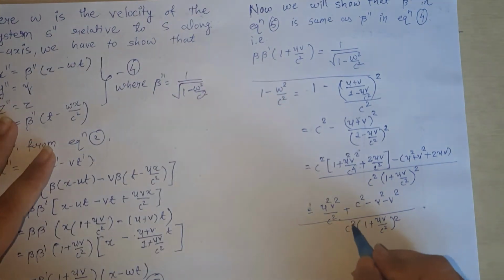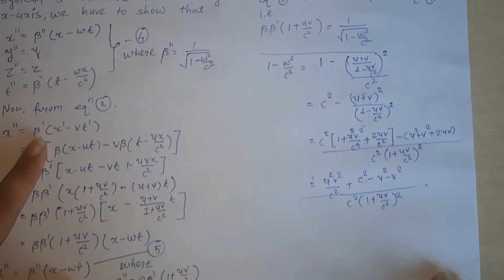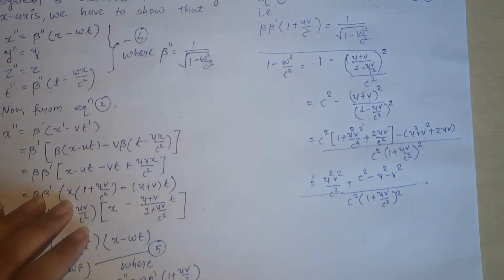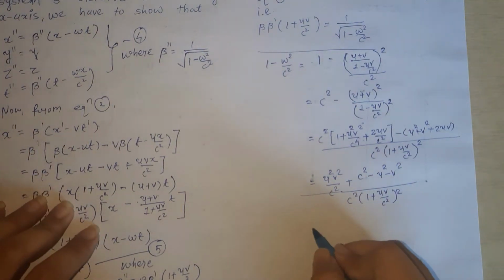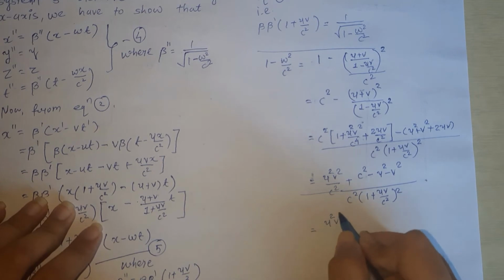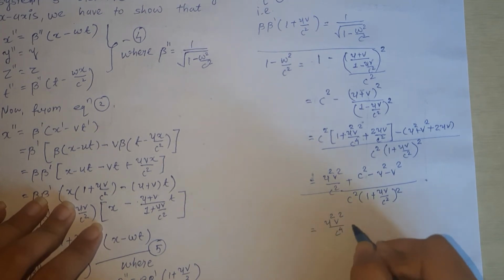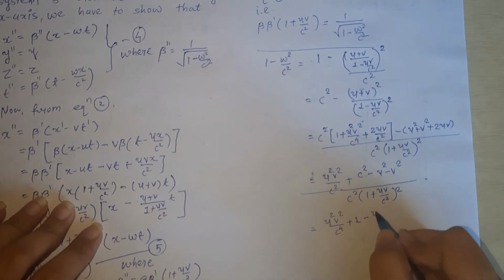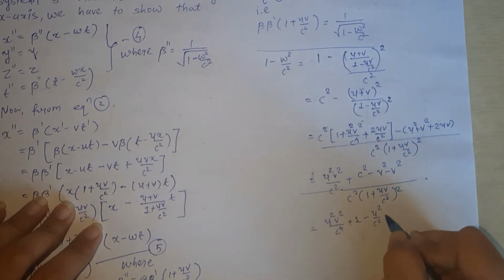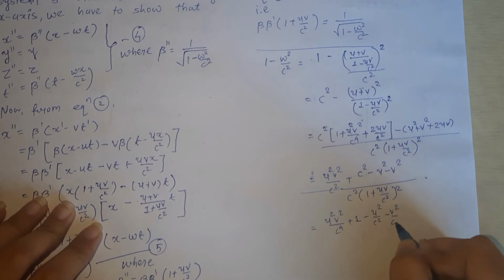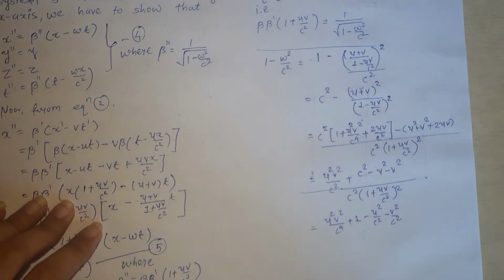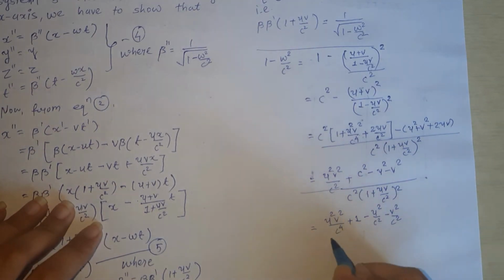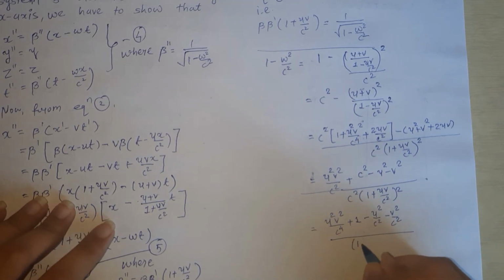And now to cancel this c square in denominator, we will divide our numerator with c square. So what we get, u square v square upon c raised to 4 plus 1 minus u square upon c square minus v square upon c square, and it is divided by c square, which is cancelled by this c square, and so we get 1 plus uv upon c square whole square.